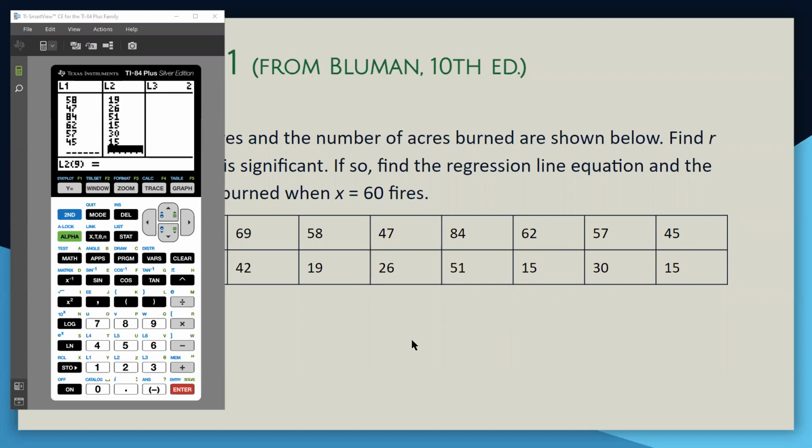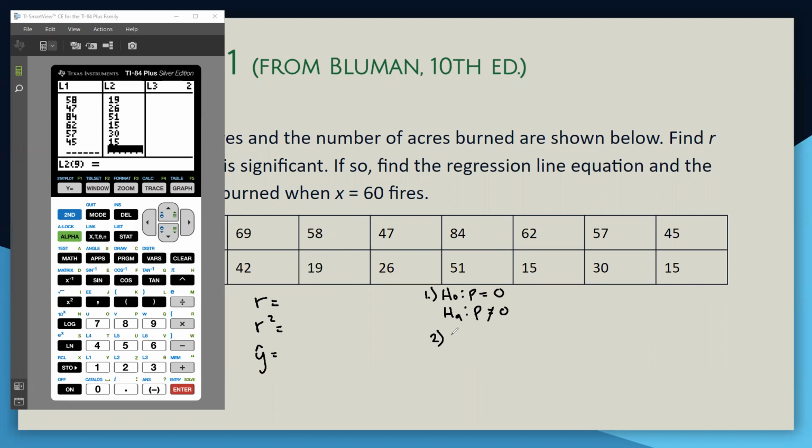And we know that we want our correlation coefficient. So we know we want R, we know we want R squared, we know we want that regression line equation, and we know we want to run a hypothesis test. I'm going to set all of that up now because on a TI-84, I know that I can call one function that's going to find a whole bunch of stuff for me at once. For our hypothesis test, the null is rho is equal to 0. The alternative is rho is not equal to 0.